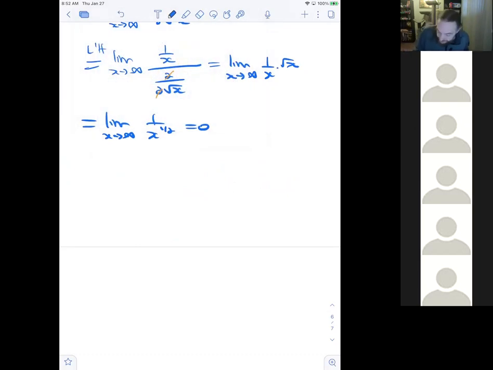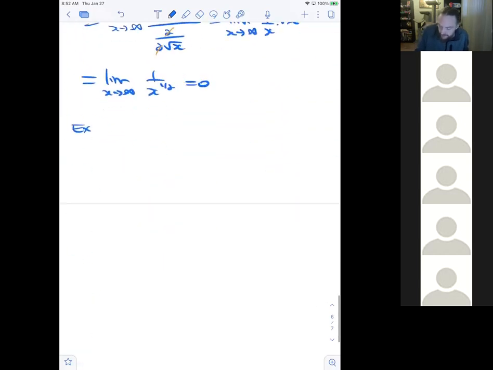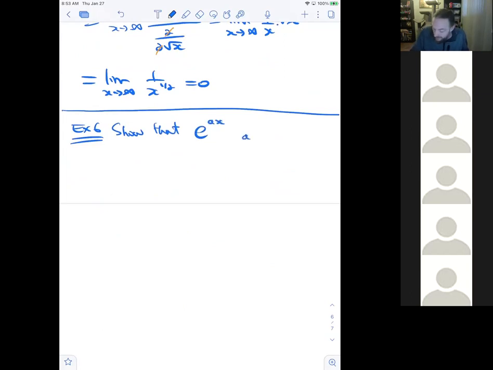Let's do one more. What we can also show is that e to the ax, where a is a positive real number, eventually grows faster than all polynomials. It dominates, essentially, is what we call it.